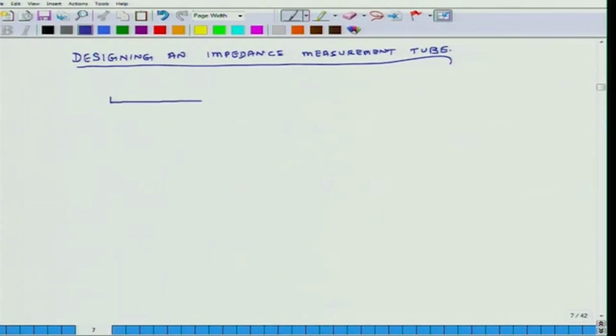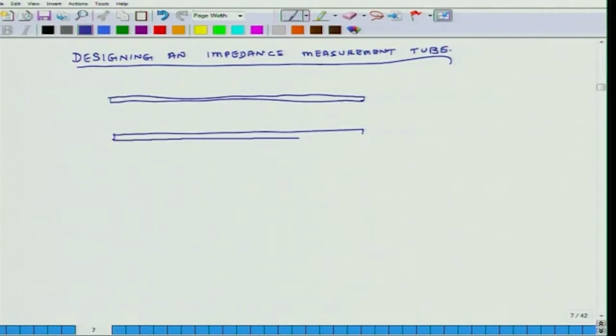The overall schematic we had shown in the last class: you have a tube, this is the cross section of the tube, and here I have a loudspeaker, and this is the place where I am going to place my material.